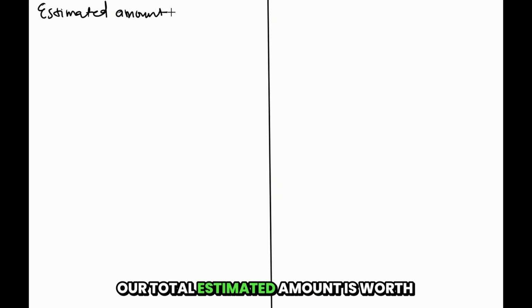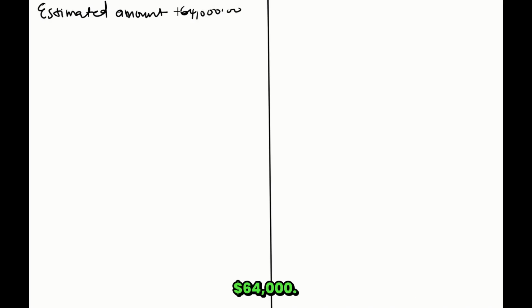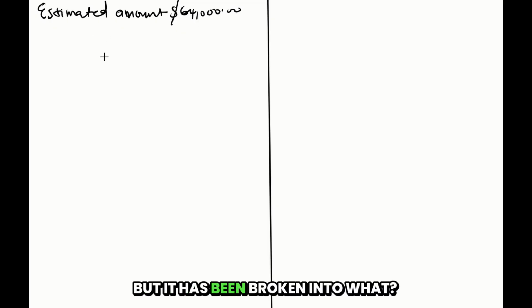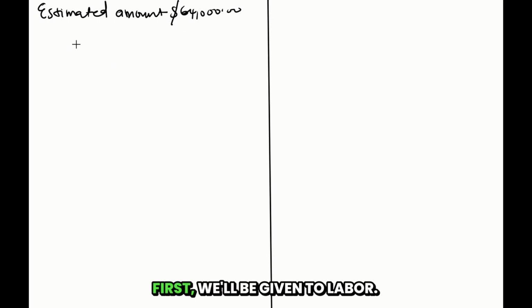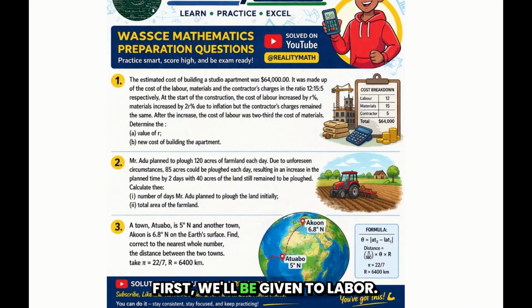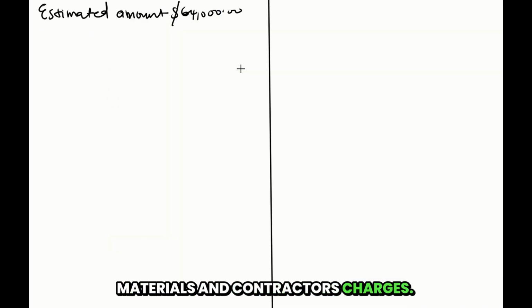So the total estimated amount is $64,000. But it has been broken into the various items that the money will be used for. First, it will be given to labor, materials, and contractors' charges.